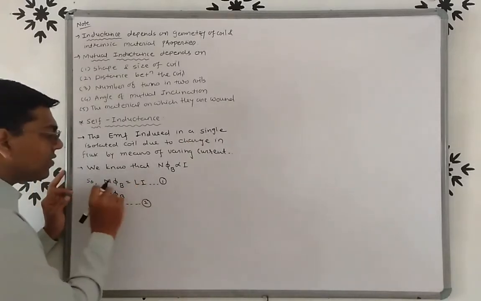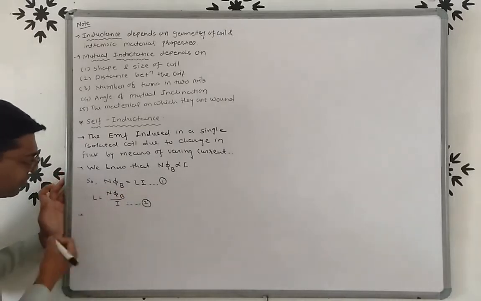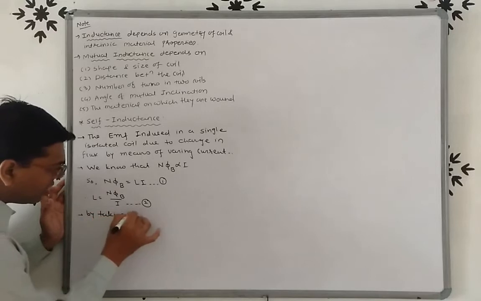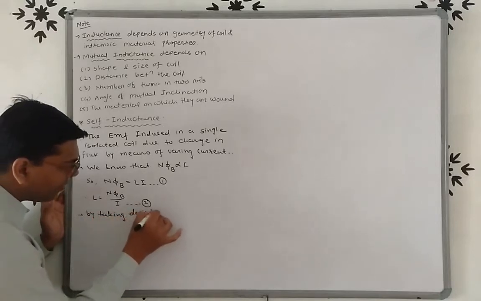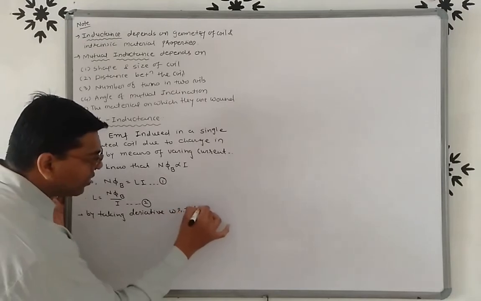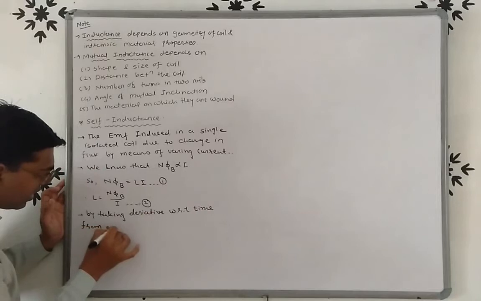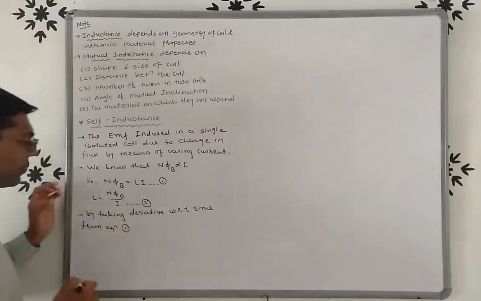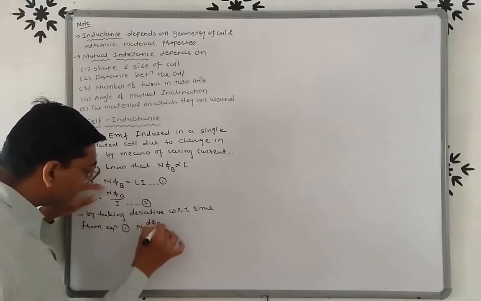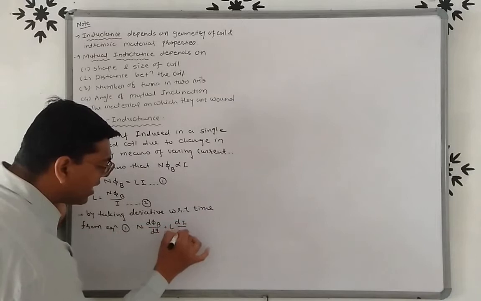Now, if we want to derive an equation for EMF, then we have to take the derivative of this equation with respect to time t. From equation 1, N d phi B by dt is equal to L di by dt.